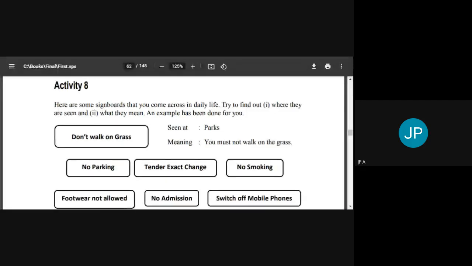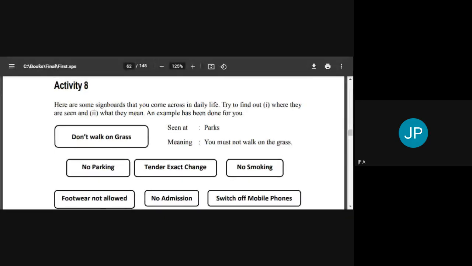Yes, Krishna. Everyone should give exact change. That is, if the bill amount is 82, you should not give a 100 rupee note. So you have to give exactly 82 rupees because they might not have change with them. So that is the meaning of tender exact change.